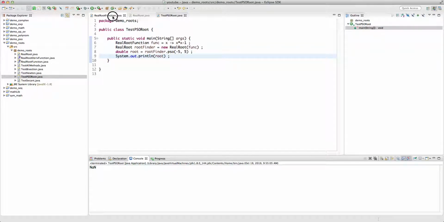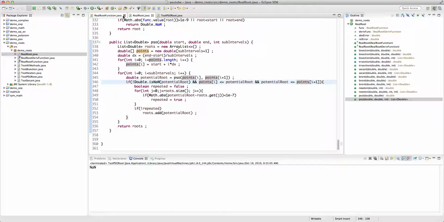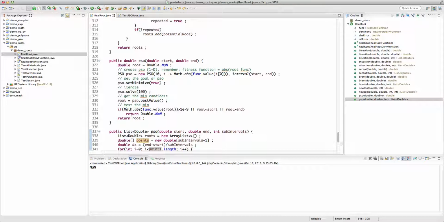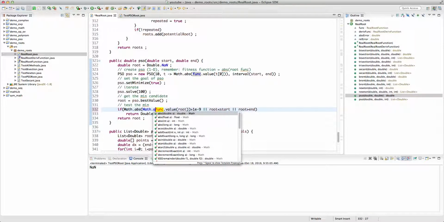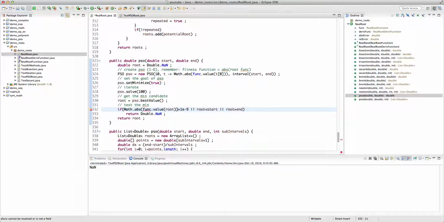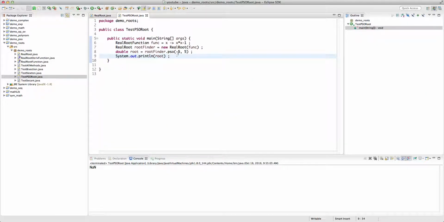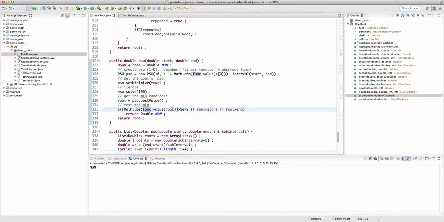Let's go back here in the real root, and for the test, I'm going to try -2 to 5. It again returns NaN. So let's see. Okay, set the minima is true, best value.